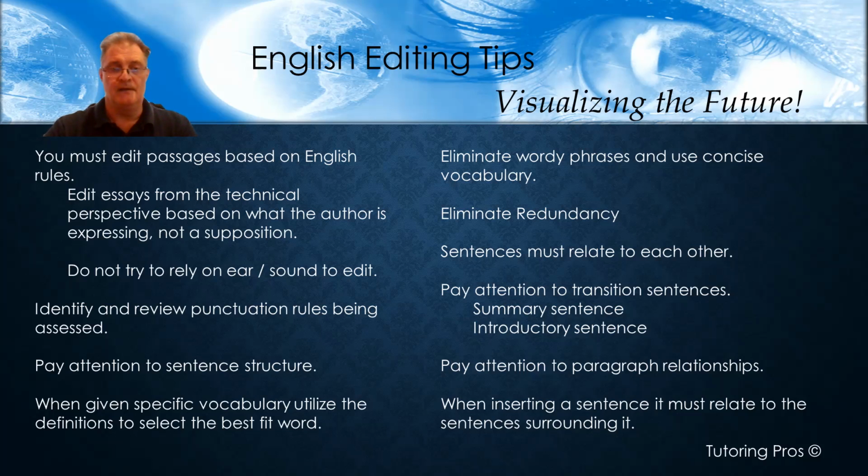We want to eliminate the phrase around the world, and we want to stick with the vocabulary word that gives us a very clear and concise idea of what the author is trying to express. So in this case, we would stick with the vocabulary word worldwide. You always want to eliminate the redundancies.